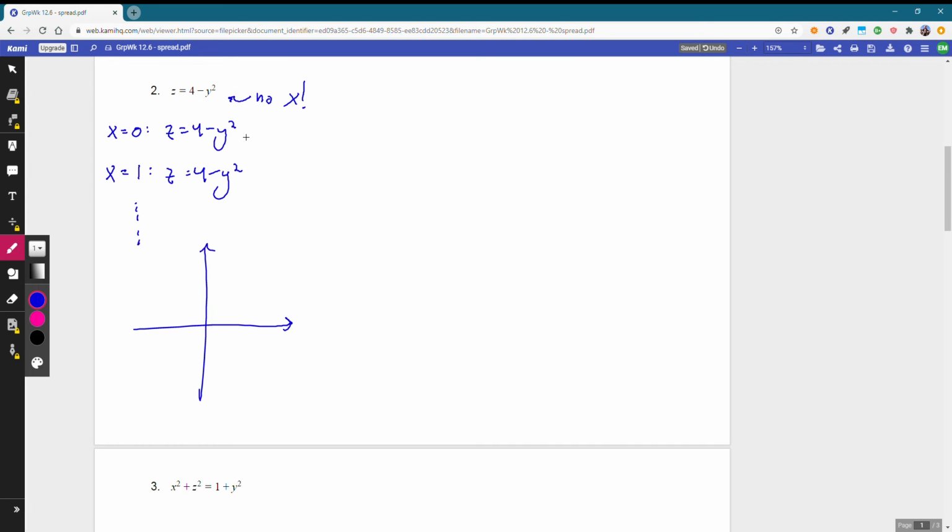All right, so graphing this in the YZ plane, this looks like a downward facing parabola. It connects the z-axis at 4 and then drops down. So we can take that and bring that into 3 space and then extend in the x direction.